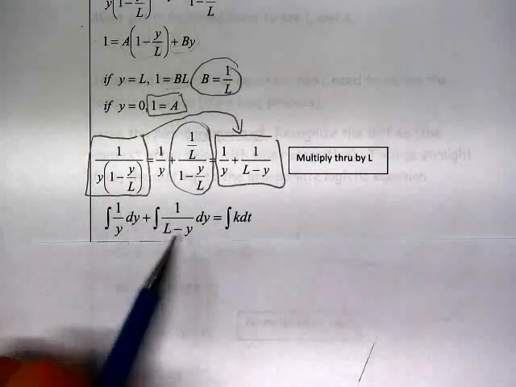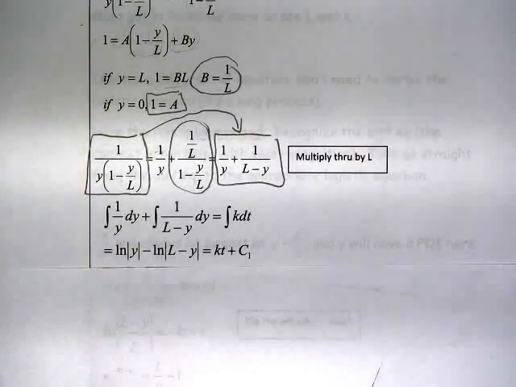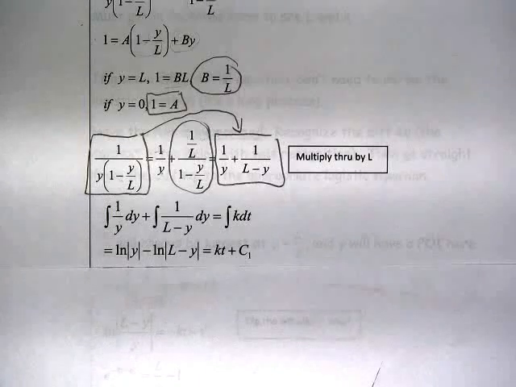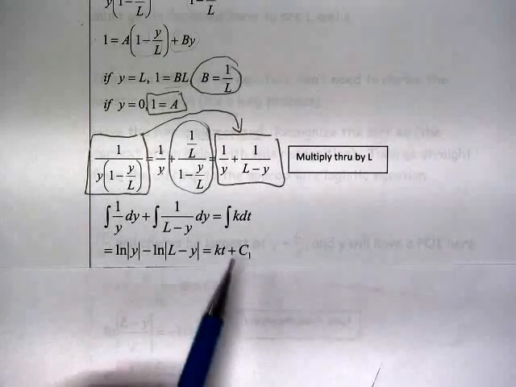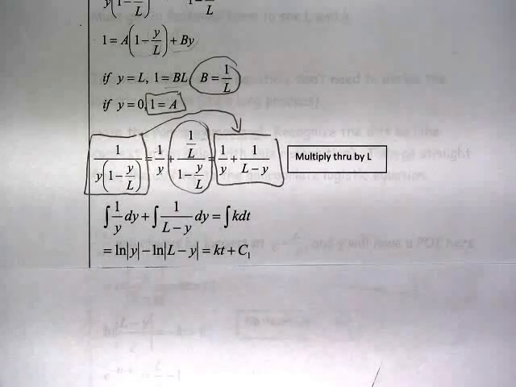So those are both very easy to integrate. I have natural log of the absolute value of y minus natural log of the absolute value of L minus y. And of course, as we discussed earlier, this right side is really easy to integrate. It's just kt, and I have that constant of integration there.